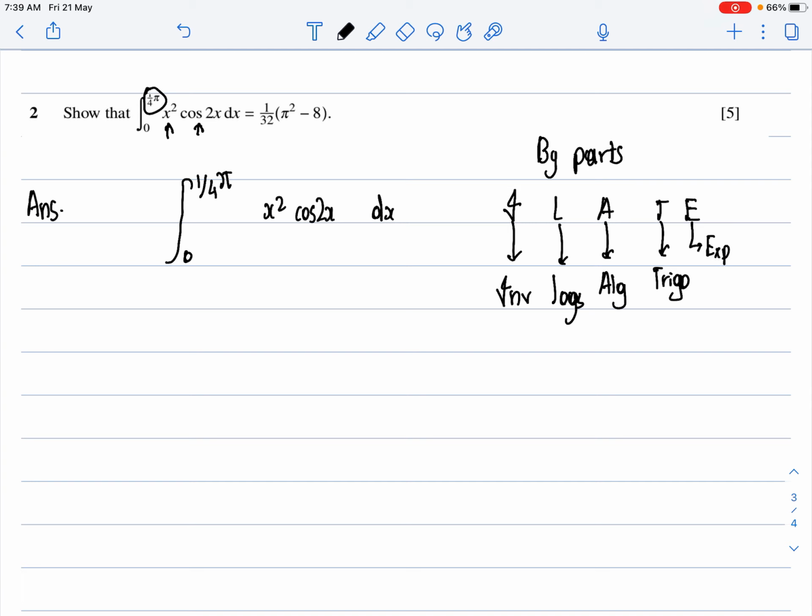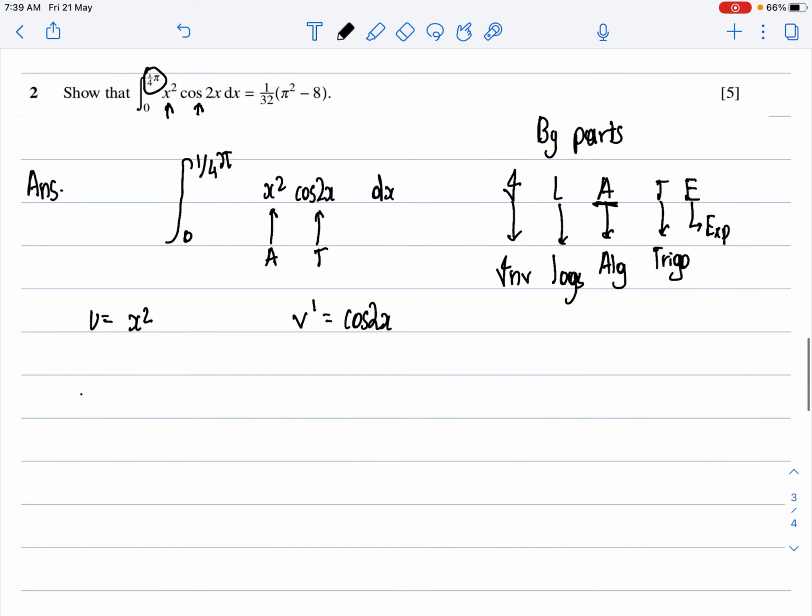Okay, so now I can say x square is algebra and cos 2x is trigo. Algebra comes before trigo, so u is x square and v dash is cos 2x. Correct? This is how we do it. Now my u dash, which is the differentiation of x square, is 2x, and my v, which is the integration of cos 2x.